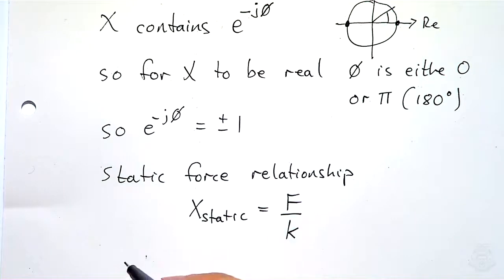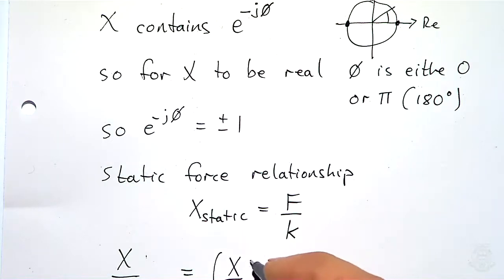So then we're going to write our dynamic displacement, which is x divided by x static, like this. That's equal to x over F over k.